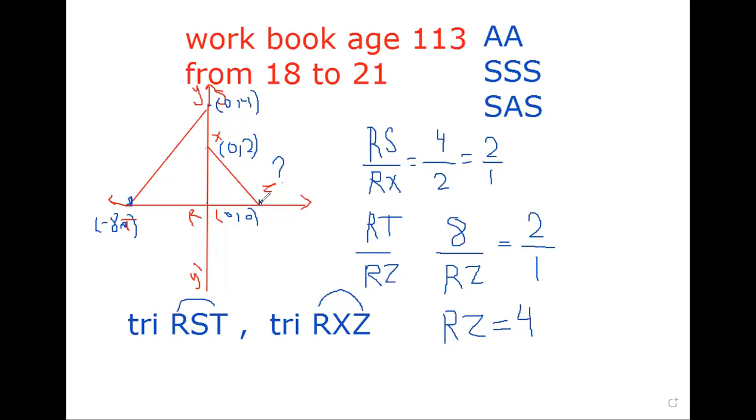What are the coordinates of point Z? It lies on the x-axis, so it should be 4 and 0, because the distance equals 4.